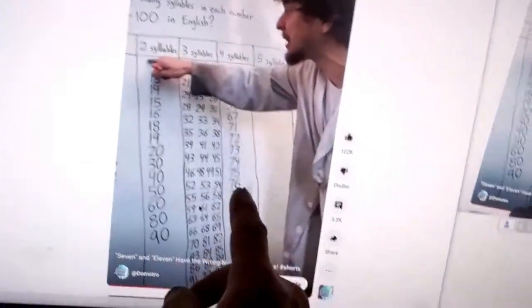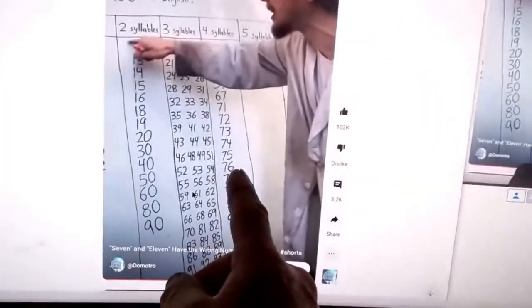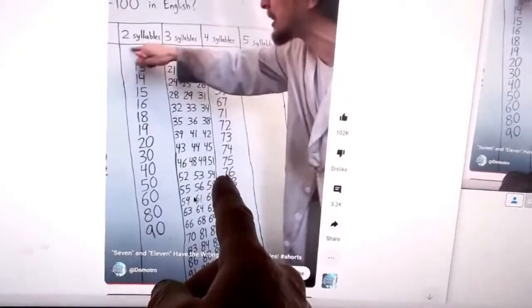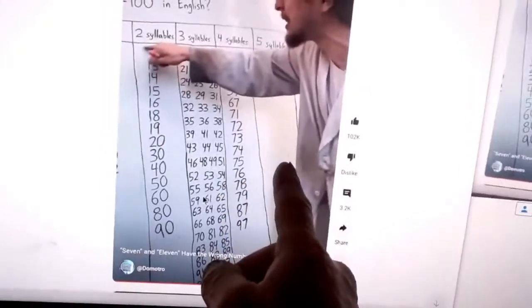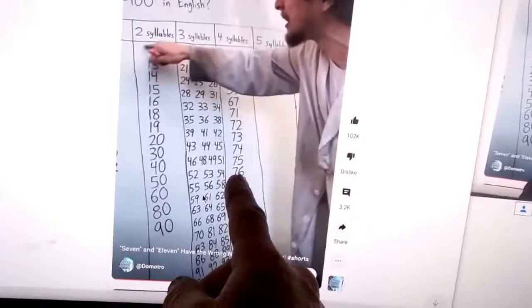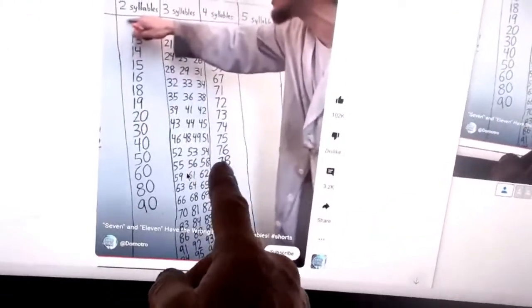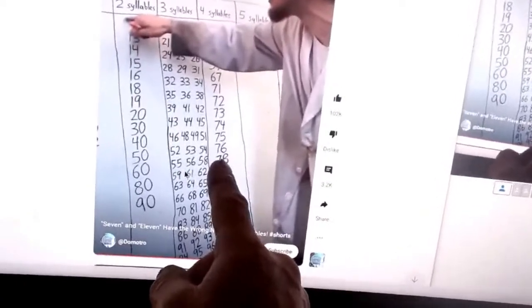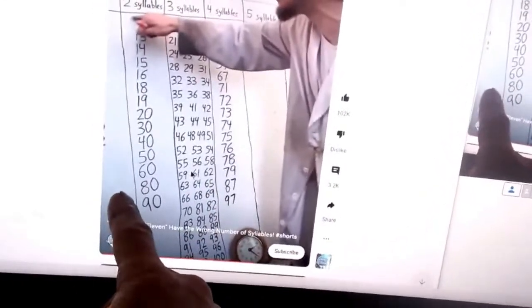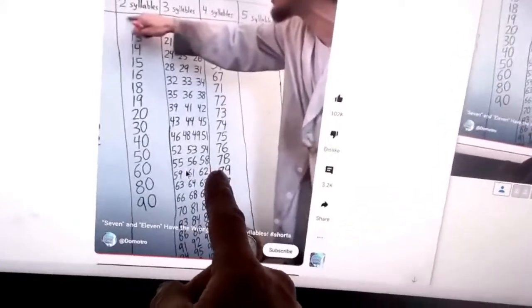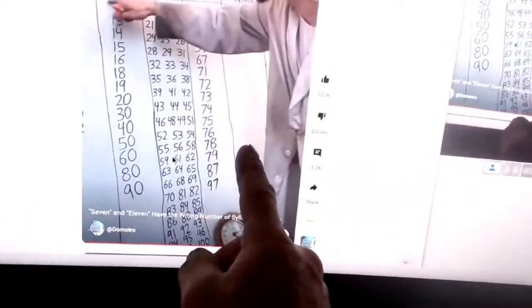When he goes to a 4-syllable word, he goes 76. The reason he says 76 is because 7 is a 5-syllable word, and 6 is a 1-syllable word. So when you go to 78, 8 is, I think, a 1-syllable word, and 70 is a 5-syllable word. Did I get that right?